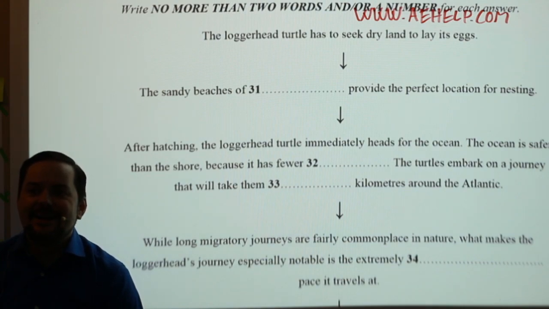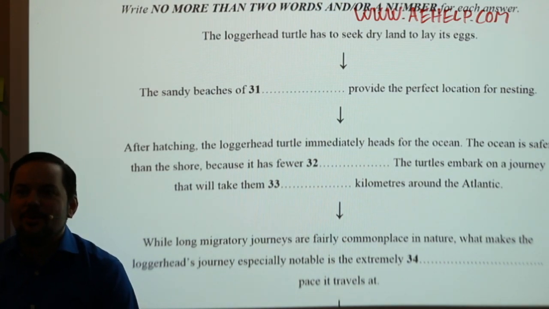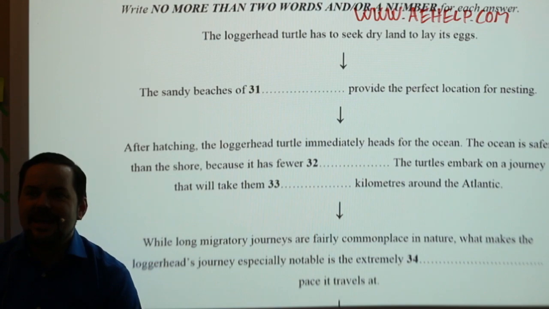And maybe some of you have seen nature shows or cartoons or Finding Nemo, where you've learned a little bit about the loggerhead turtle. What do you know about the loggerhead turtle, the sea turtle? They lay eggs on the beach. Svetlova, very good.